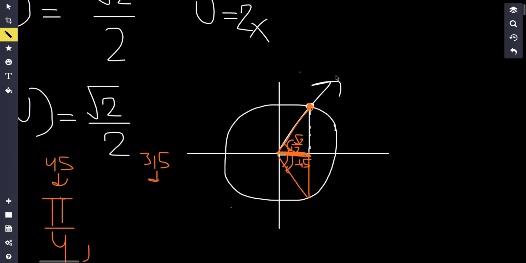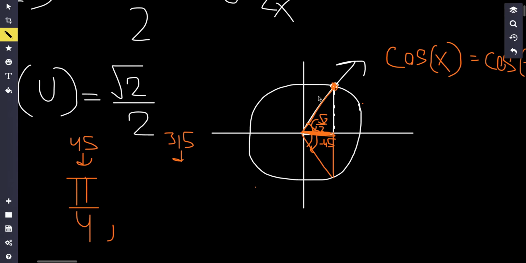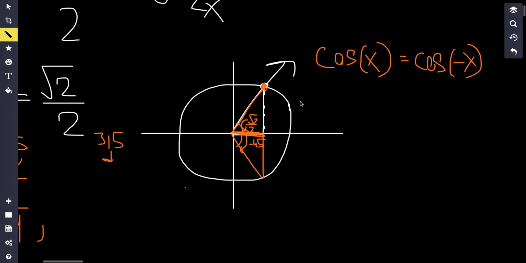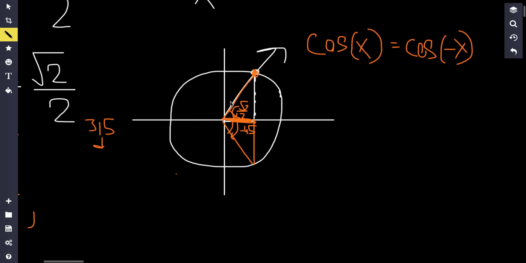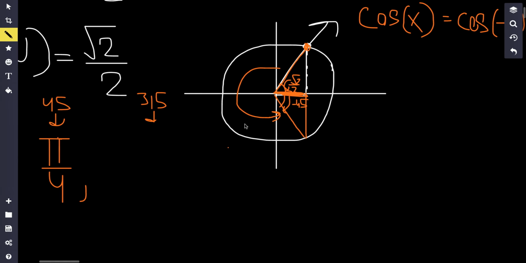Remember the trig identity, cosine of x is equal to cosine of negative x, because cosine is an even function. So if cosine of 45 gives me root 2 over 2, cosine of negative 45 also has to give me root 2 over 2. And cosine of negative 45 is the same thing as cosine of 315, except you go counterclockwise.